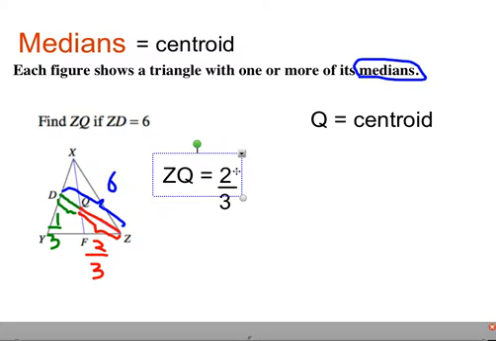What was the whole thing? ZD. ZQ is 2/3 of the whole thing.